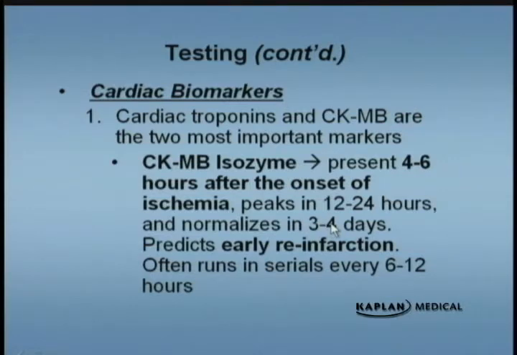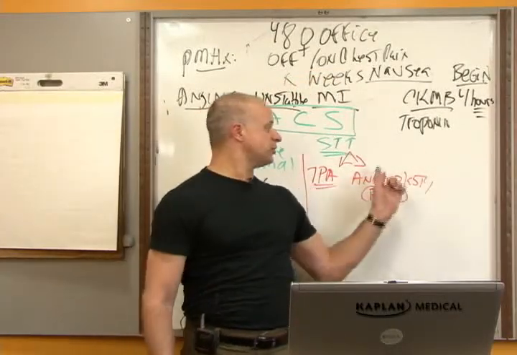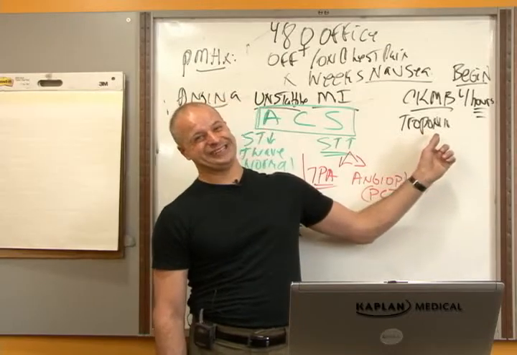If they give you a question saying a guy had a myocardial infarction 4 days ago and now he's developed new chest pain, what test would you get first? The EKG. What test would you get next to see if he's having an infarction? CKMB. What's the biomarker for reinfarction? CKMB.